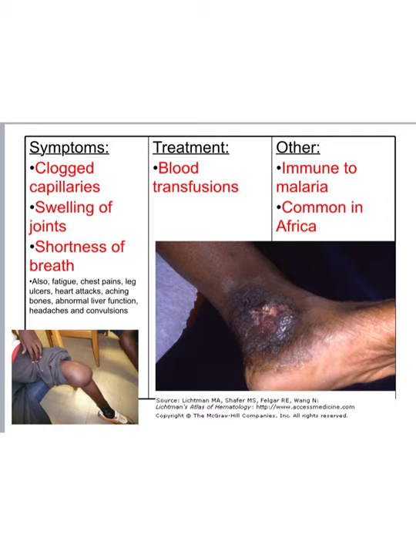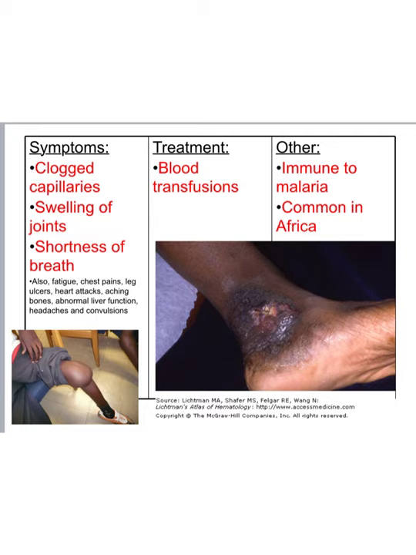You do not have to write what is in small font on your notes, but just some side symptoms that you might also have: you get tired, your chest could hurt, you can get pain and leg ulcers, you can have a heart attack, aching bones, your liver might not function properly, you can get headaches and convulsions. And you can see in the pictures the swelled joint and these things that can happen to your skin.